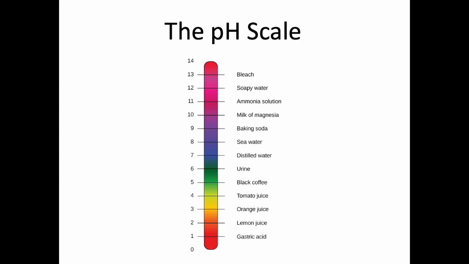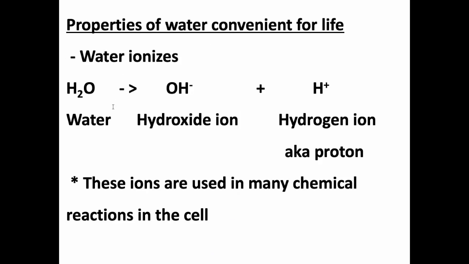So what is pH actually measuring? Well, if you'll remember the previous lecture, one of the properties of water is that water ionizes. It splits apart into OH minus hydroxide and H plus hydrogen ions.